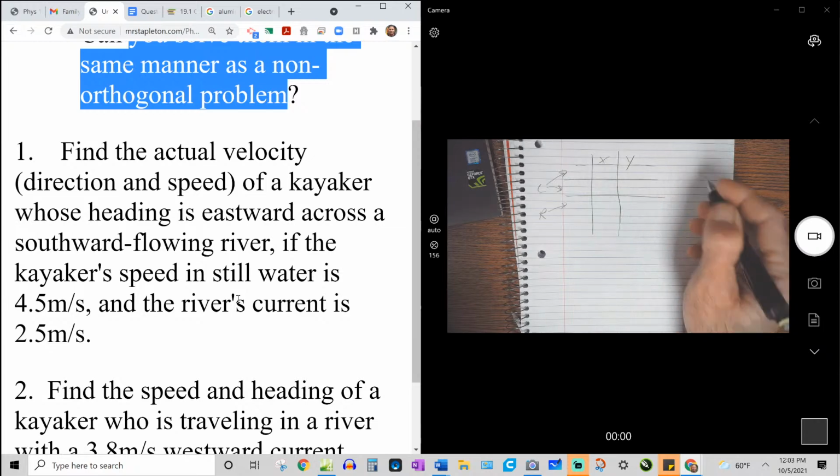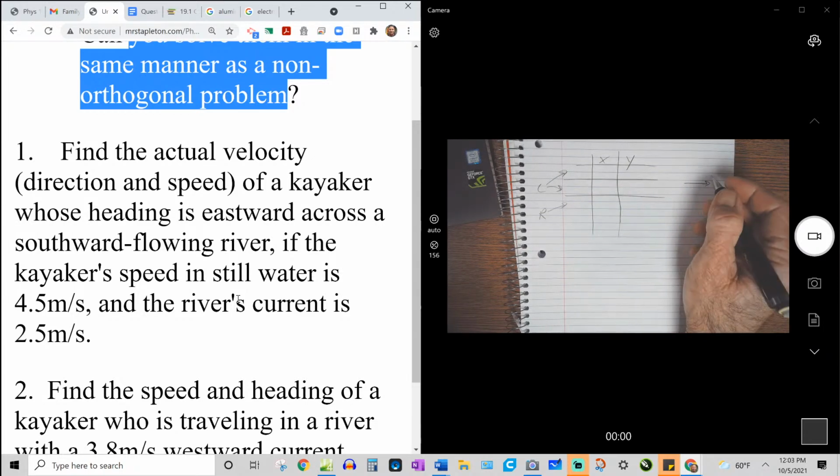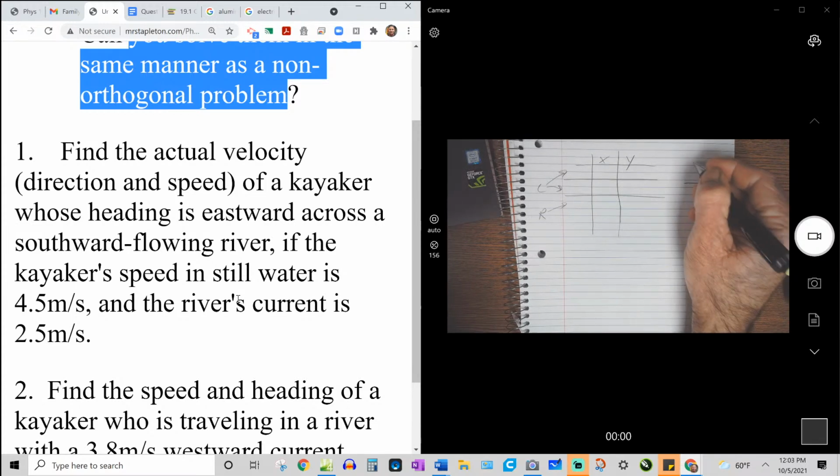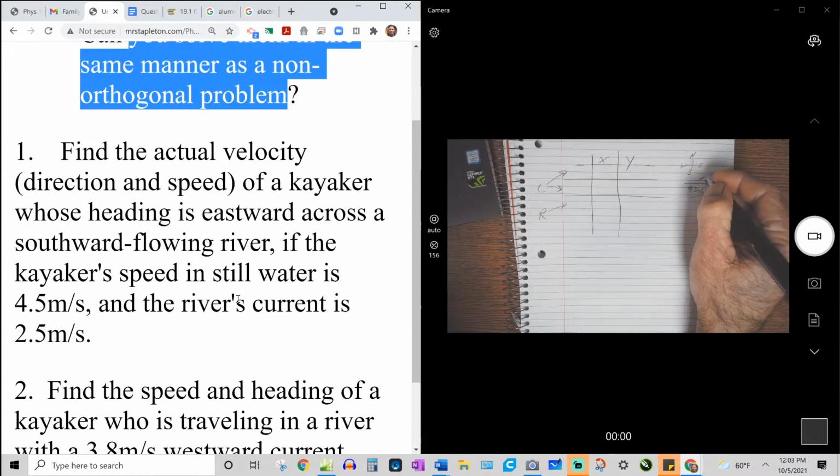So I'll draw off on the side. The speed and heading is eastward. So here's north, south, east, west, and the speed in still water is 4.5 meters per second. So this represents the heading and speed in still water.